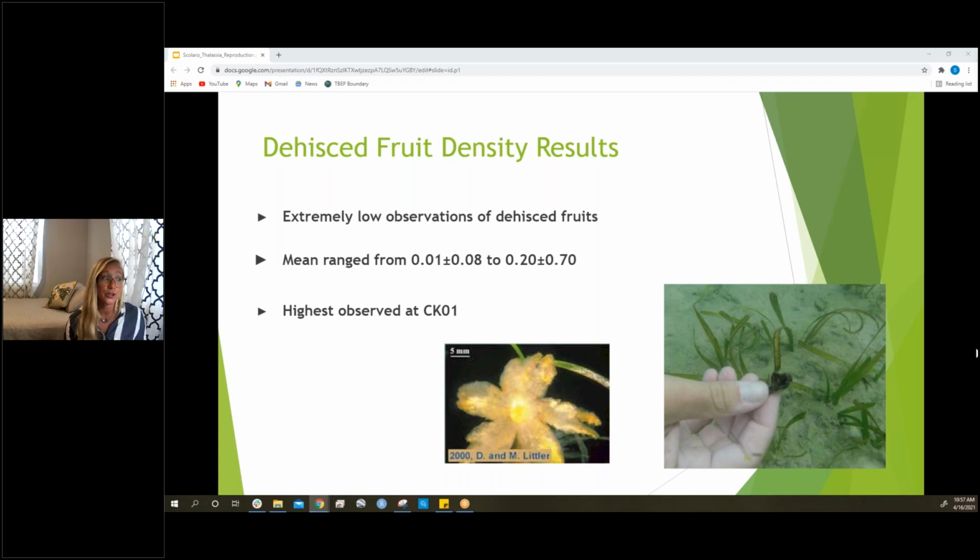Fruit pieces degrade rapidly after the fruit dehisces, and those fragments are often high in sugary carbohydrates and can be a target for herbivory. So it could be that those two factors resulted in the low number of dehisced fruit counts that we saw. We also saw many aborted fruits during the survey. We saw dark lesions on the peduncle, which is the part where the fruit is actually borne onto the plant.